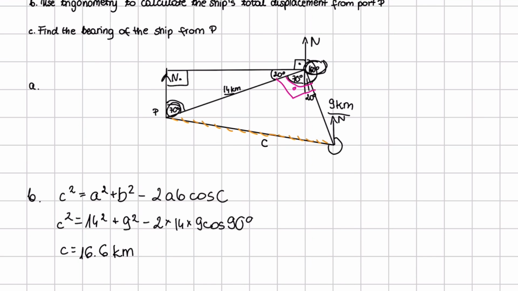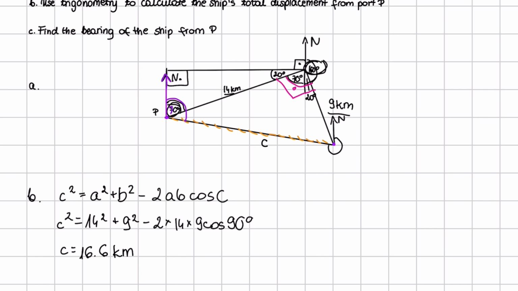And C, find the bearing of the ship from P. So we are starting in here, our point P. This is north, and here is our ship for now. So we have to calculate this bearing.